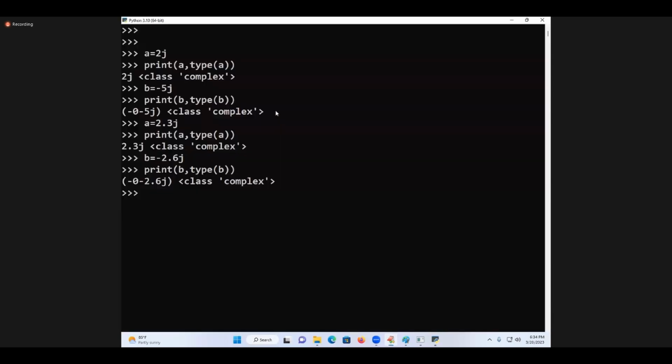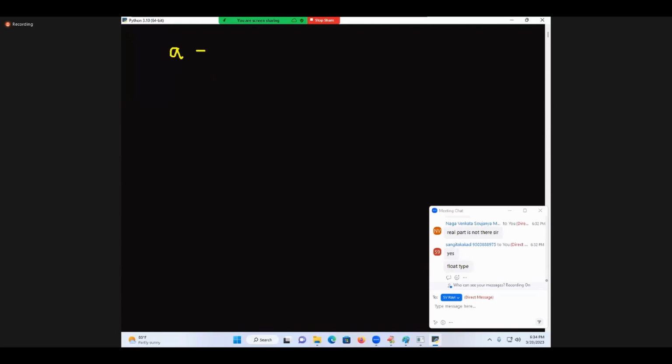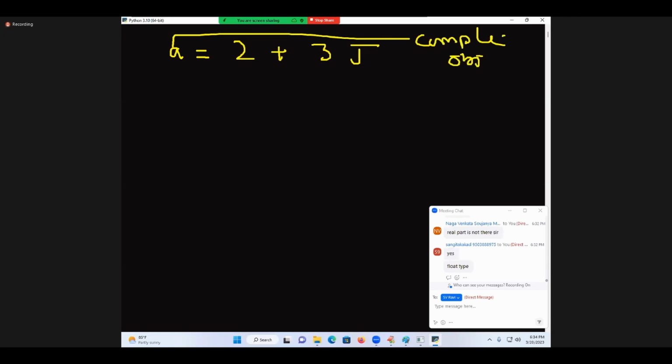Now my point is, see, students, A is equal to 2 plus 3j. What is A here called? Complex object. Now I want to get it from this A. A dot, if I want to break it.